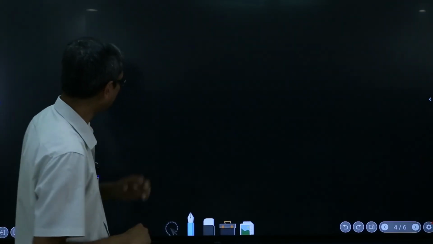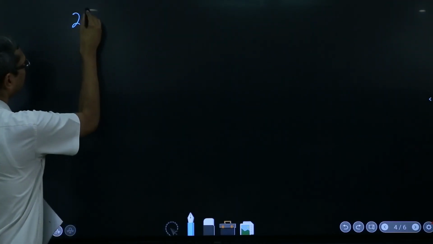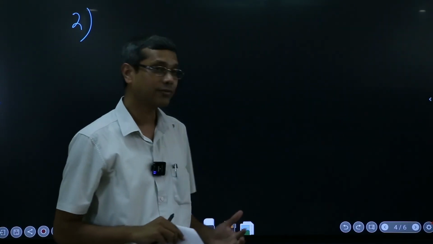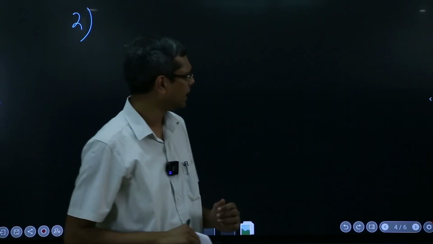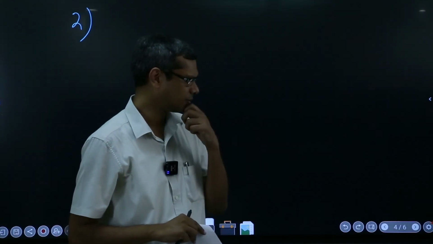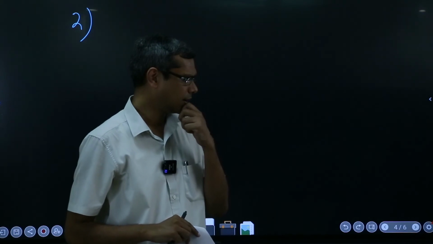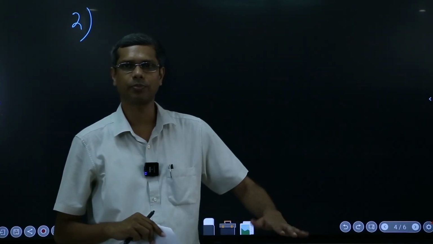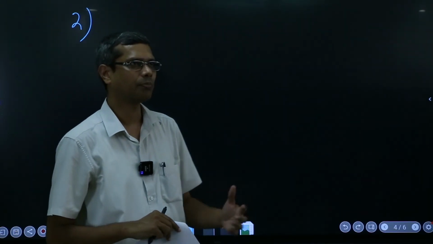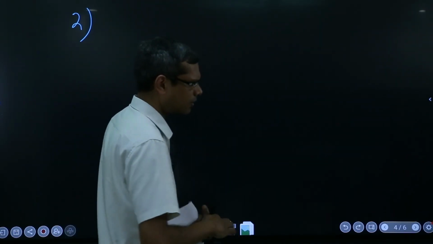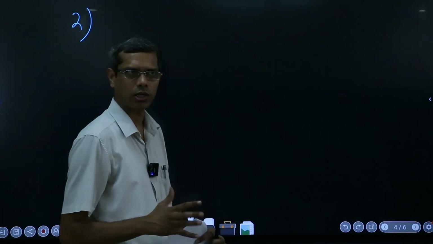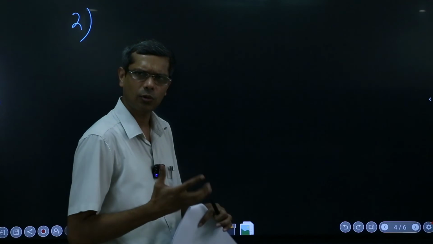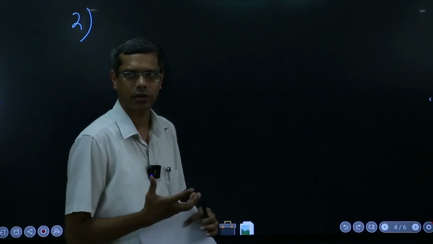Now, the other two cases are, the second case is exactly where the solid will behave as if it is a liquid medium. Examples are mostly on the bed of a sea or something, where the sand mixed with water cannot sustain any shear force, so that behaves almost like a liquid, but it is a solid phase.